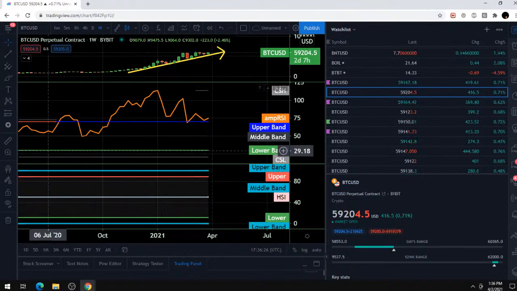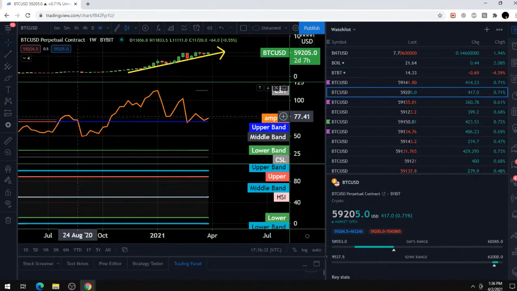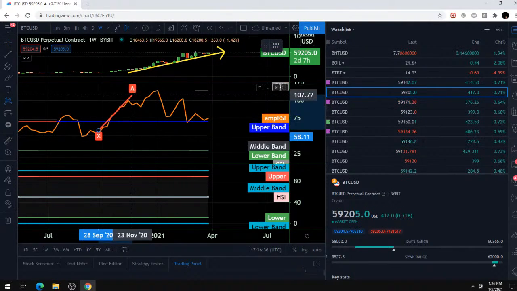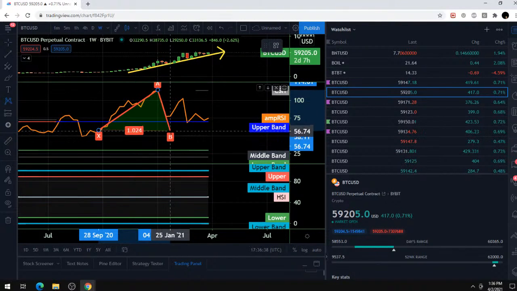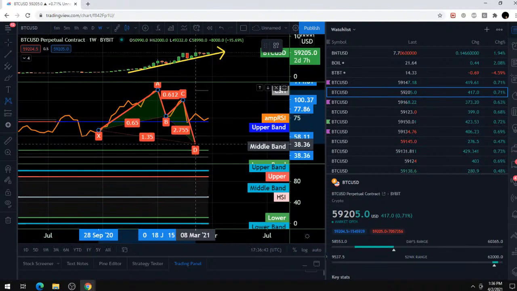And here, let's look at the M formation, a massive M formation on Bitcoin. My analysis, how I interpret it and recommend for everyone to understand this M formation, is to know it's going to take a heck of a lot more time.